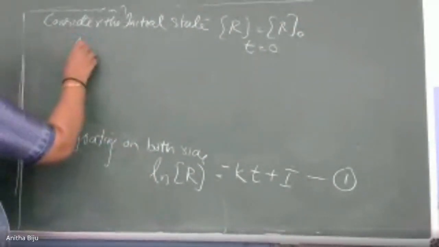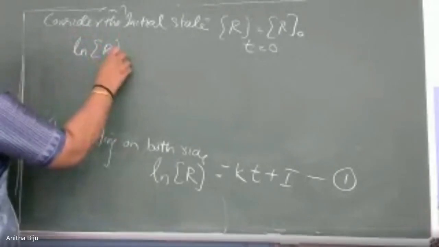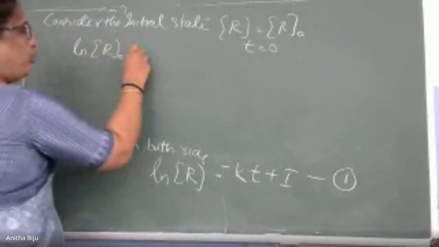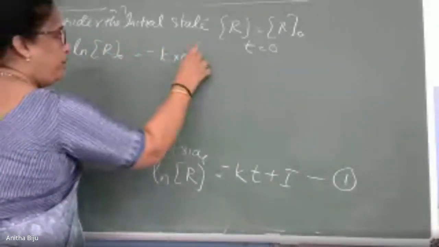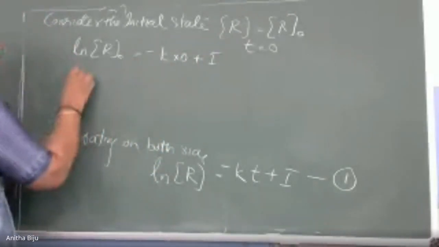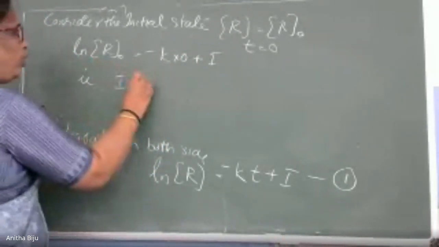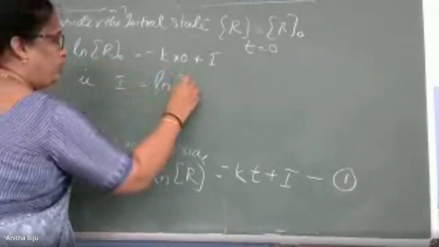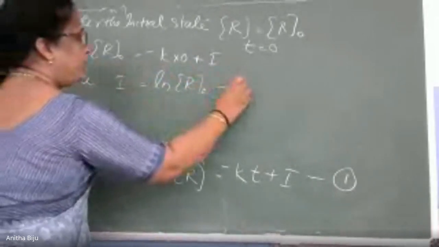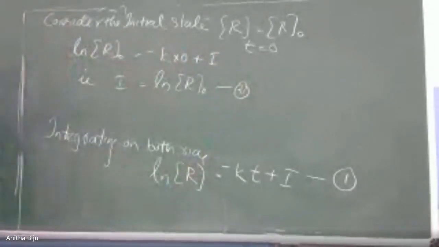What we get: ln r naught equal to minus k into 0 plus I. That is, I is equal to ln r naught. Equation number 2. Done.